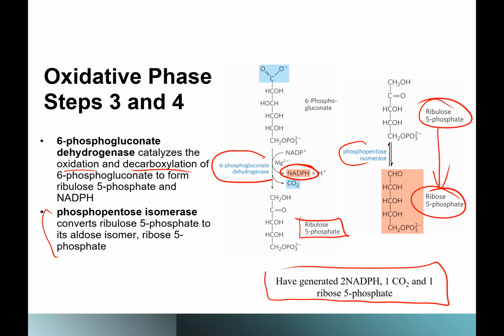No, that's a reduction. Whenever we add a hydrogen, it's a reduction. But you're moving the other hydrogen. Oh, that's true, you're right. So it is simply an isomerization, it's not a reduction. Because I was like, what's getting oxidized? But you're right, it's merely moving the double bond up to here. Okay.